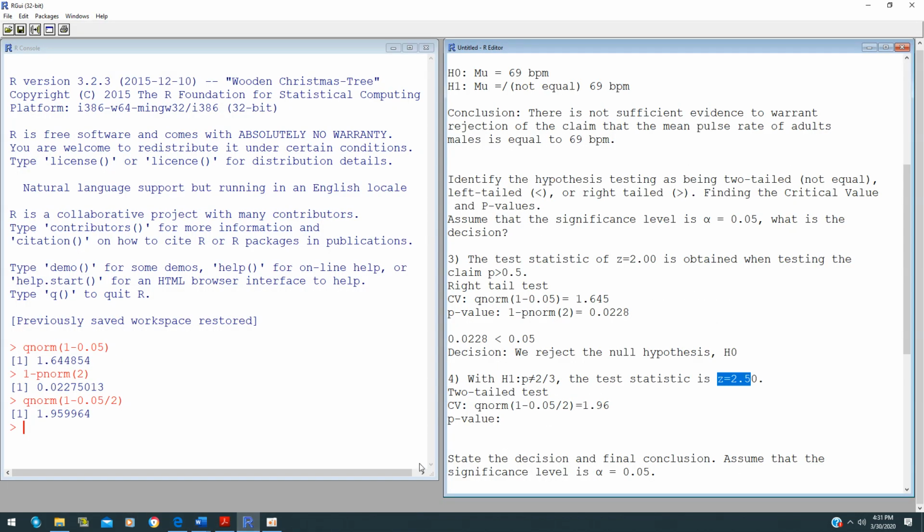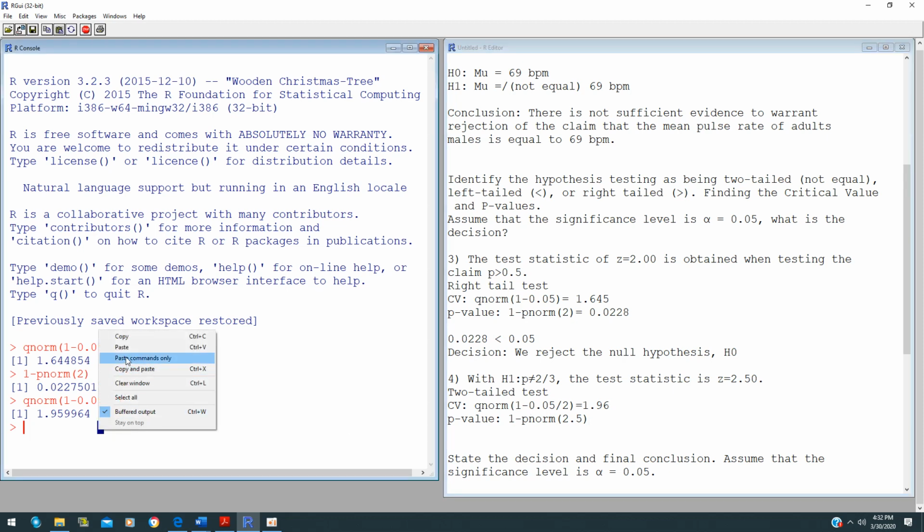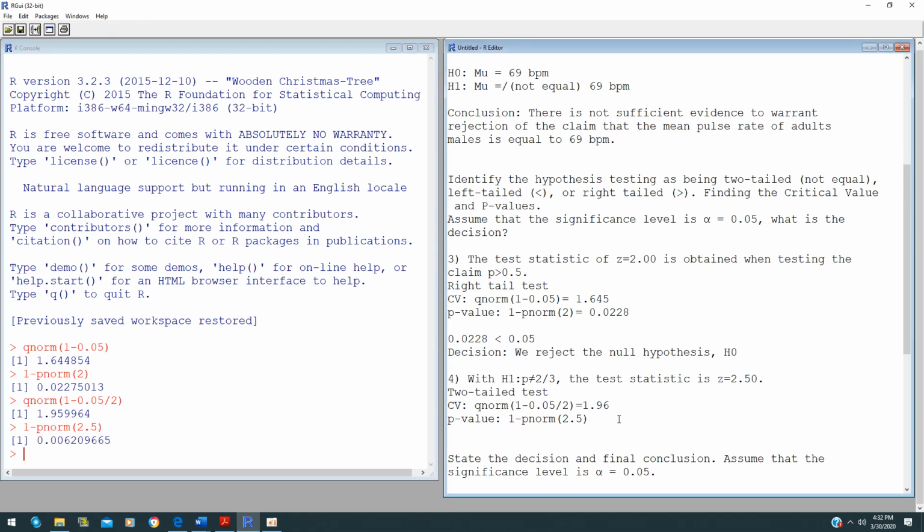So for R, in order to find the p-value, you have to find 1 minus pnorm(z). And again, the z in this case is 2.5, which is given to us by this value. So when you copy and paste this into R, this is how we find it. Your answer in this case is 0.0062.